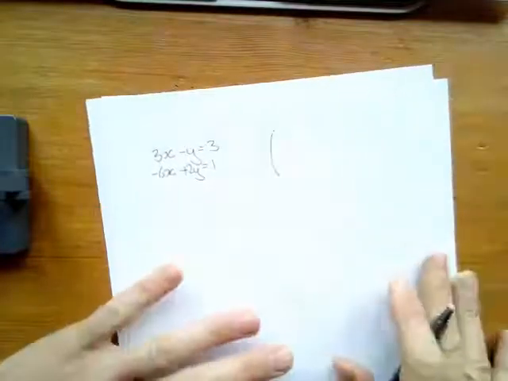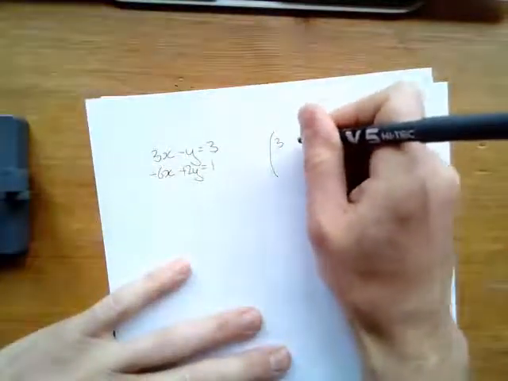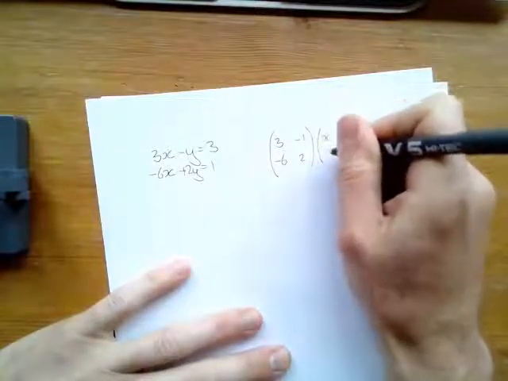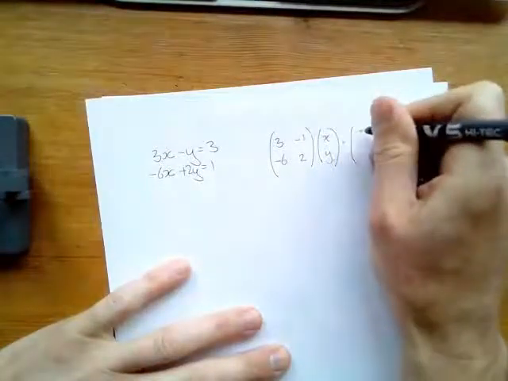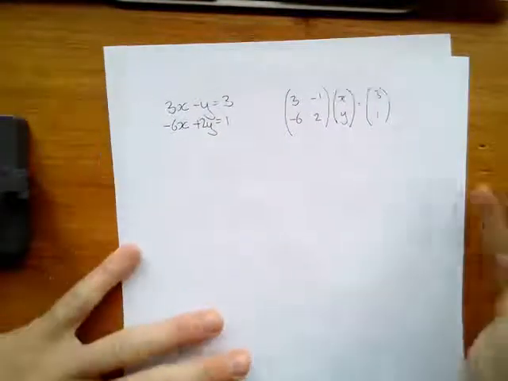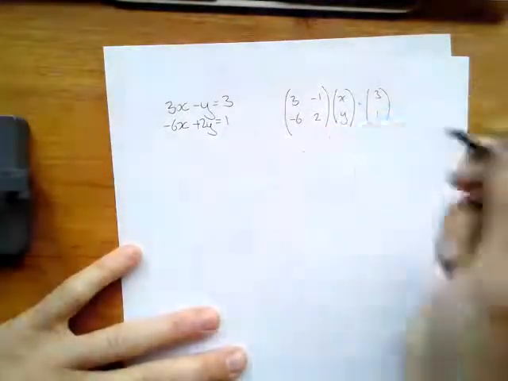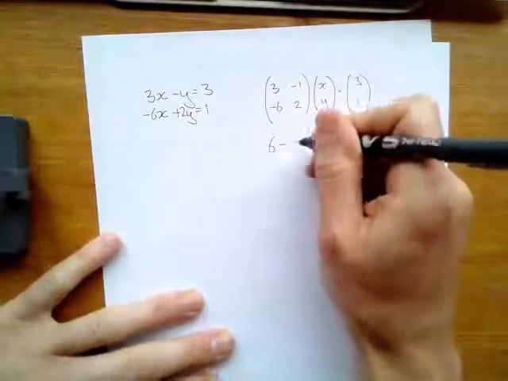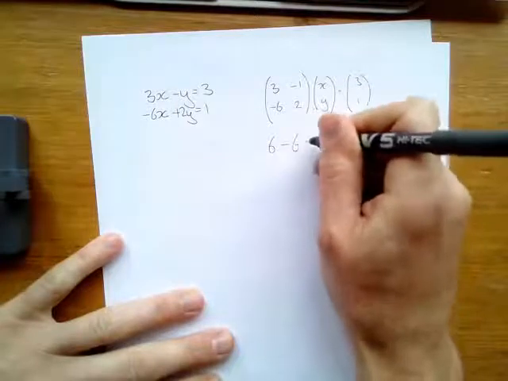So again, if we write the equation in matrix form, then when I go to do the determinant, AD minus BC is going to be 6 minus 6, which is 0.